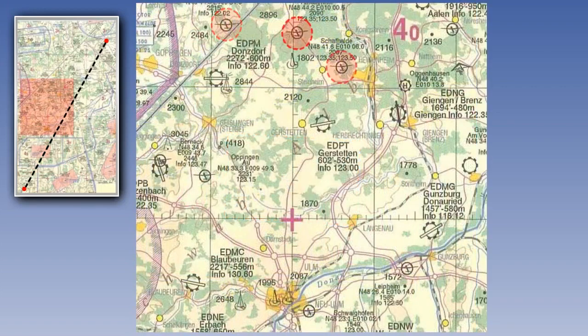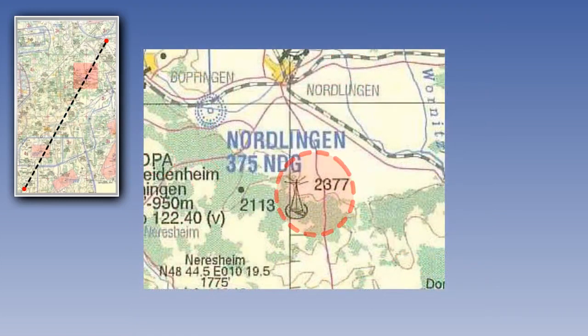Numerous glider sites and small airfields are on both sides of the planned track, and this requires a good lookout to avoid any conflict. And of course, there is the tower which rises to 2,377 feet above mean sea level. If you stay above your safety altitude, then such obstacles do not present a problem.